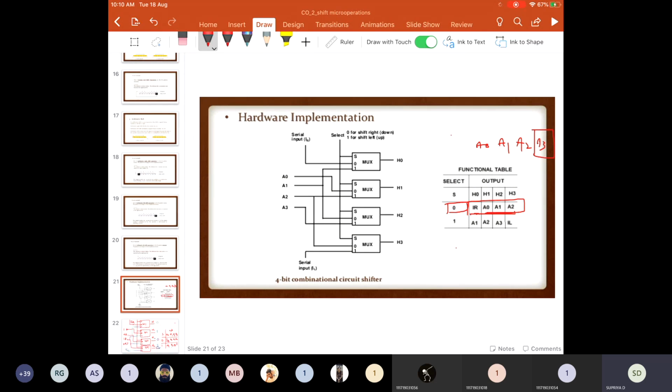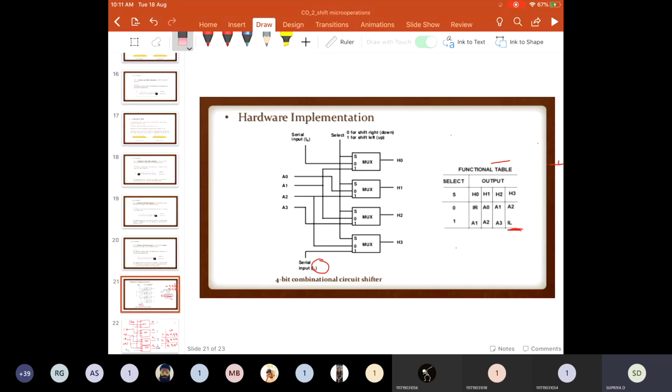We discard this, and shift left operation will give A3, A2, A1, and whatever data you want to insert will be there at this position, that I'm calling IL. Any serial input here, since I'm giving it as IL, I'm writing the same in the truth table. IR will be inserted for shift right operation, and IL will be inserted for shift left operation.